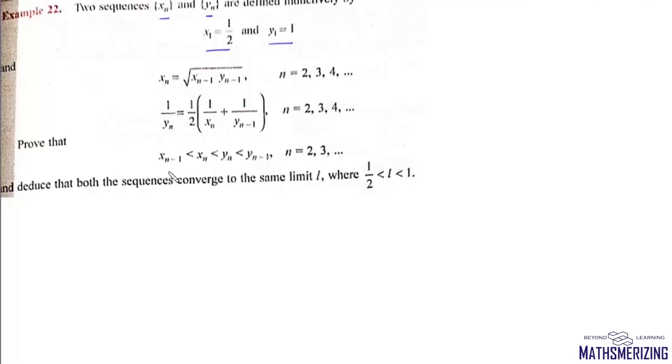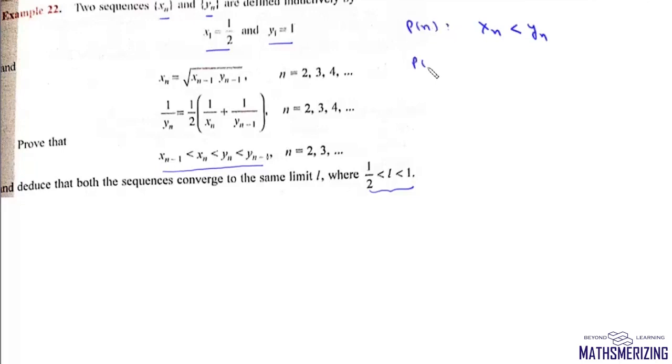Now we need to prove that xn minus 1 will be less than xn, which is less than yn, and it will be less than yn minus 1, and we have to deduce that both the sequences converge to the same limit L, where the value of L lies between 1 by 2 and 1. Now what we'll do is, in the first part we'll prove that xn is less than yn using principle of mathematical induction.